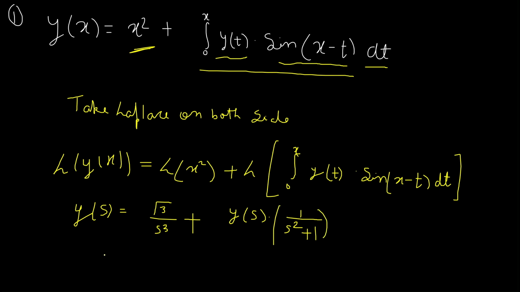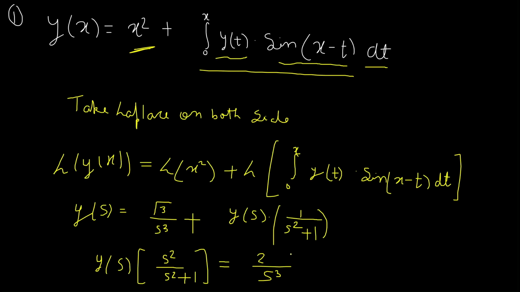The only thing we need to do now is simplify this expression. Taking this to that side, y of s equals 2 divided by s cube times s square plus 1 upon s square.